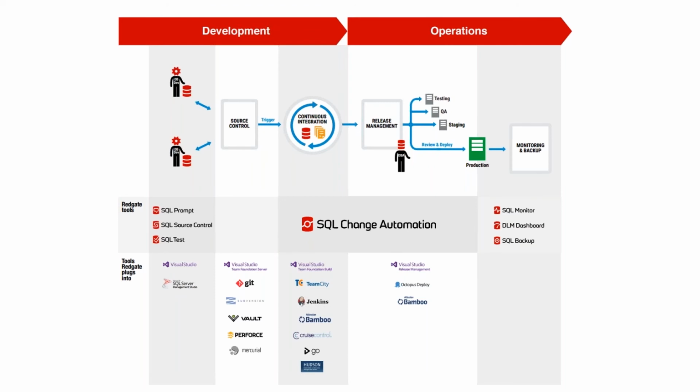A lot of developers I talk to can't live without it. And then SQL Test, which helps you write unit tests and also view code coverage. We'll see a little bit of SQL Test and how it integrates with SQL Change Automation so that we can have a CI/CD process that does our build, test, and package functions.